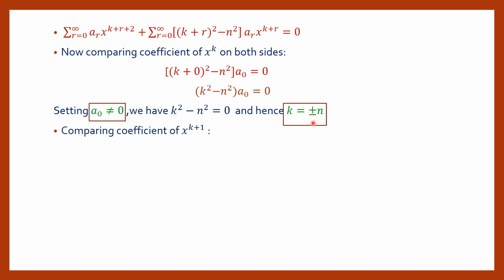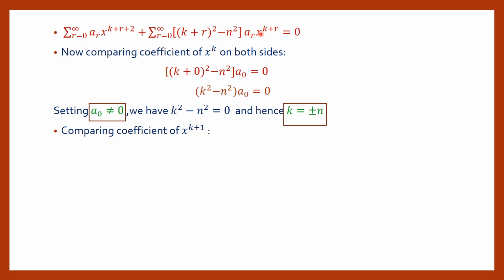Now comparing the coefficient of the next least power of x. The next least power means putting r equal to 1. Obviously the first summation starts from x power k plus 2 when you put r equal to 0, so there is no chance of an x power k plus 1 term. In the second summation, if you put r equal to 1, we get x power k plus 1.